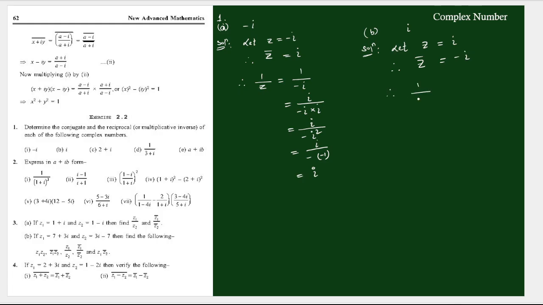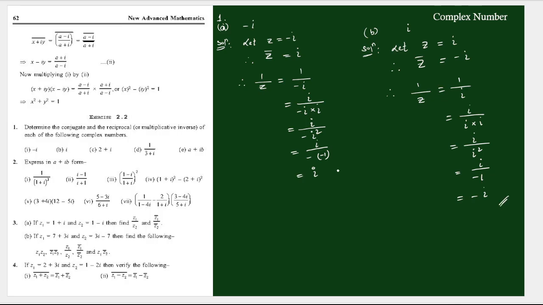Therefore 1 by z, the multiplicative inverse, will be 1 by i. Then we multiply both the numerator and denominator with i. Then here we will get i square, and i square is minus 1. So it is your minus i. This is your number B.